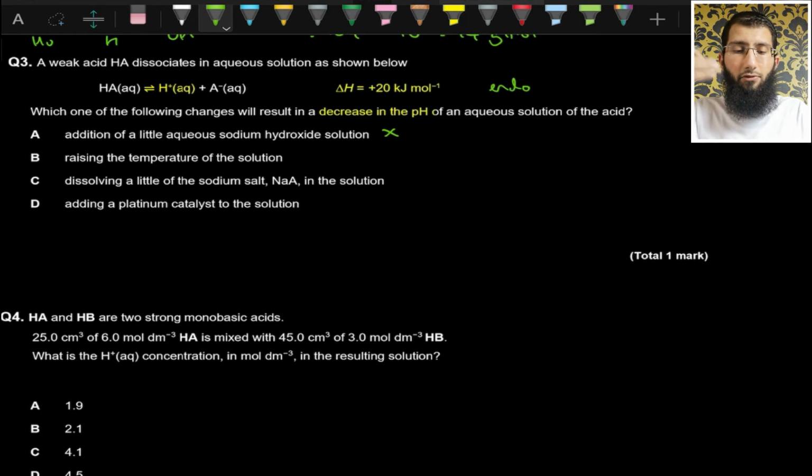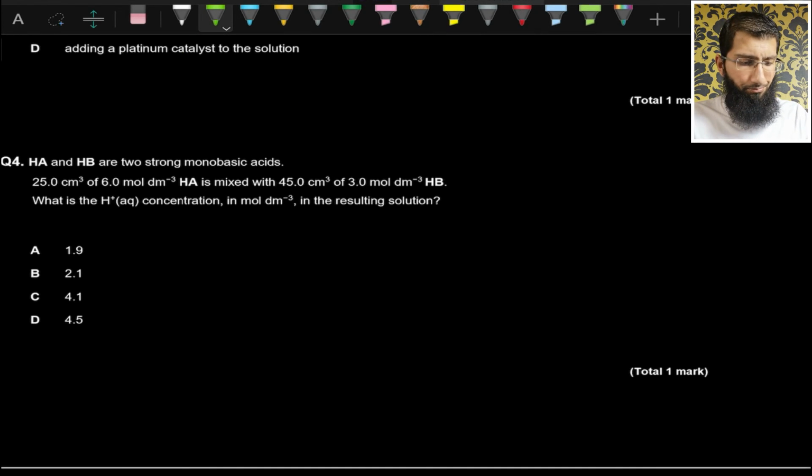So if I increase temperature and the equilibrium shifts to the right hand side, the endothermic direction, that means we're going to make more H plus ions. If we make more H plus ions, then yes, that does indeed mean that we're going to increase the acidity of the solution. So yes, the answer for 3 is indeed B.